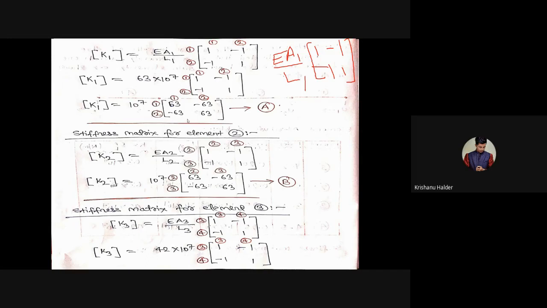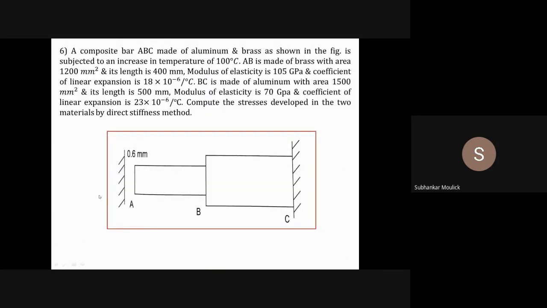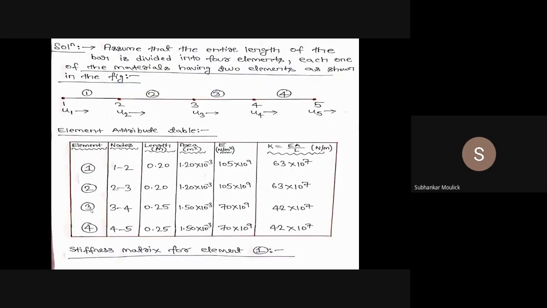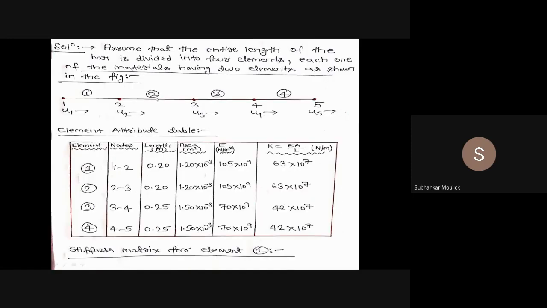Okay. Similarly, element number 2 is again coming from the geometry AB, so the value of the stiffness matrix will again be the same, because the value of K is the same. Only what will change? The way of writing the node numbers will change, because element number 2 comprises node 2 and node 3.